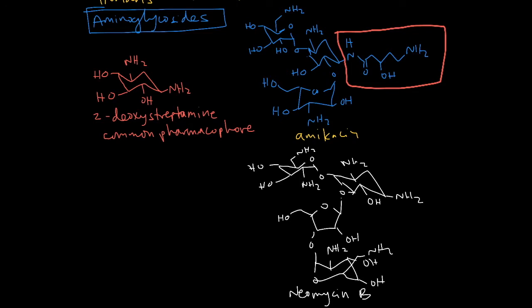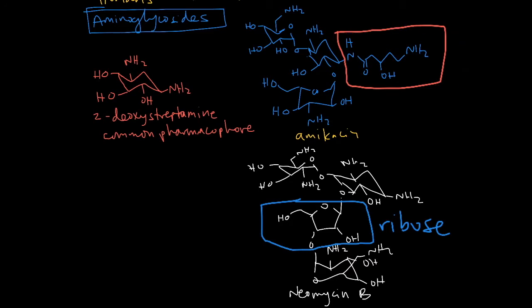Neomycin, he highlighted because of the ribose ring right here. It's a 5-carbon ring with oxygens, and it's a ribose ring. So when you're differentiating between amikacin and neomycin B, look out for the ribose ring, the 5-carbon sugar-ish ring, in neomycin B, and the tail-looking thing in amikacin.